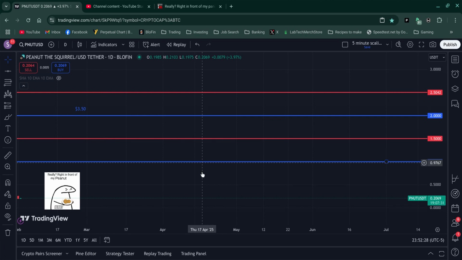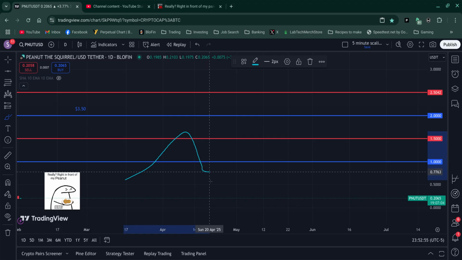Jerry can, if he wants to, create a grid where he's buying one peanut here at $1 and also planning to buy another peanut here at $2. This being the case, he can extend the range at which he's trading so that every time it goes up to here and then comes back down, he makes 50 cents. Right?